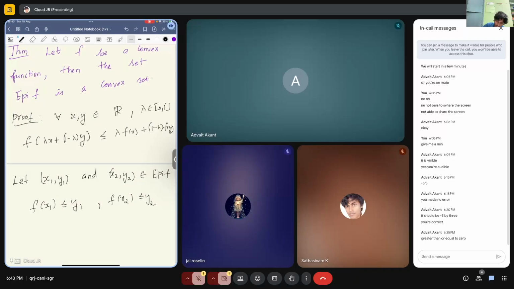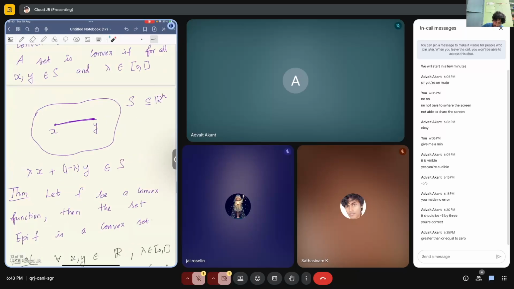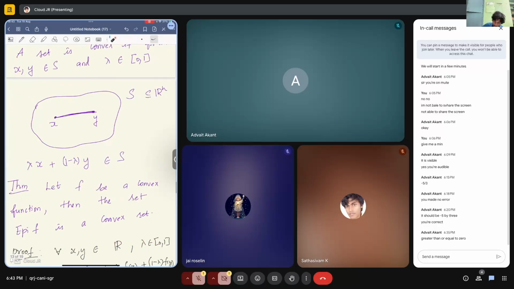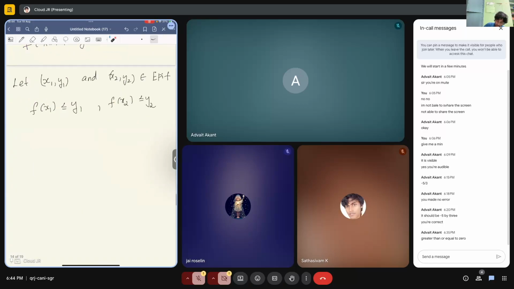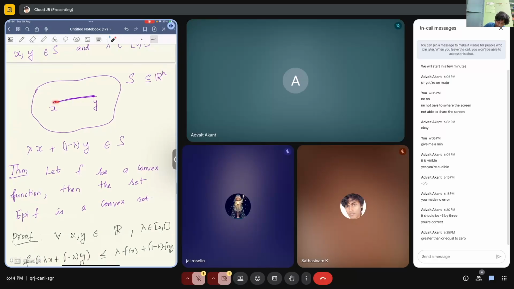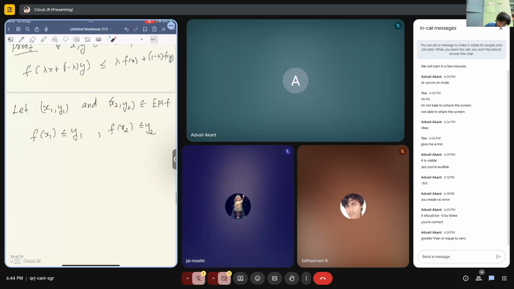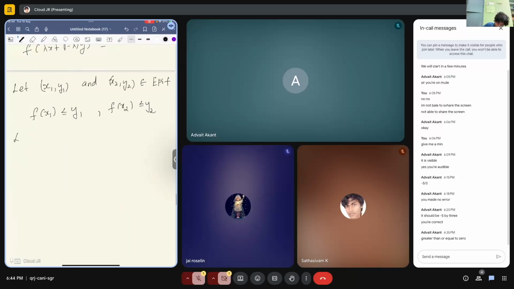You want to prove it is convex, so you take the convex combination and prove that it also belongs to your set. Basically, it says the line joining these 2 points has to also belong to the set. So let lambda belong to 0, 1.